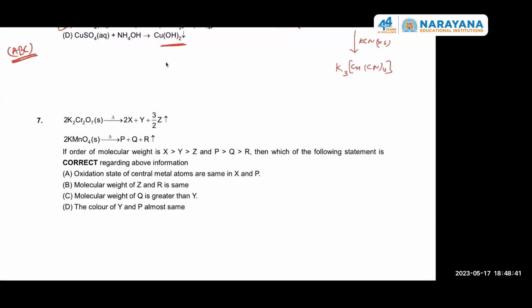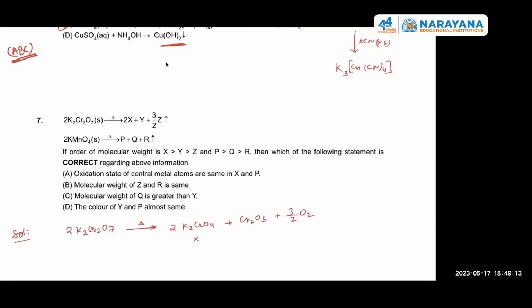So the equations we have to complete first. 2K2Cr2O7, when we heat it, we will get 2K2CrO4 plus 2Cr2O3 and 3/2 O2. This is the equation.